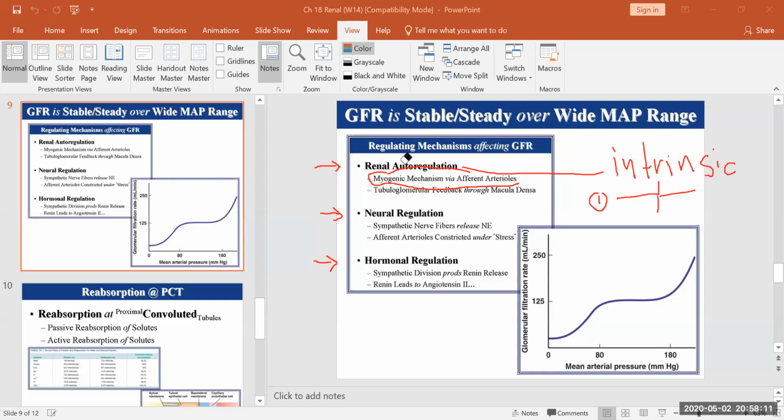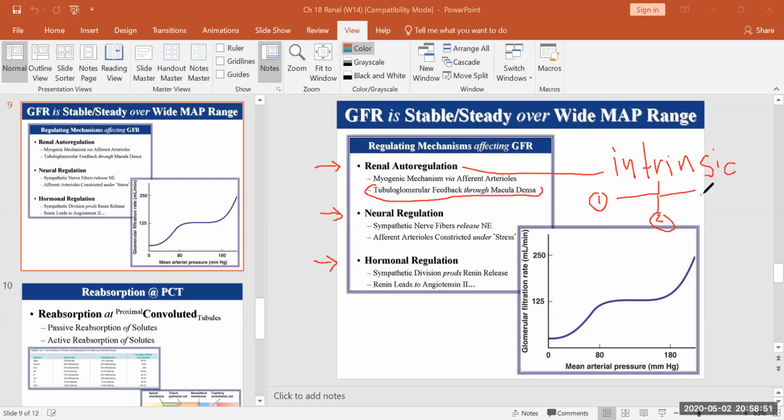The second mechanism is the tubuloglomerular feedback through the macula densa we talked about earlier on slide number 5. They are sensitive to the concentration of electrolytes, mostly sodium in the renal filtrate, and they send chemical signals to the afferent arteriole, inducing it to constrict, slowing incoming blood into the glomerulus to maintain the filtration rate.